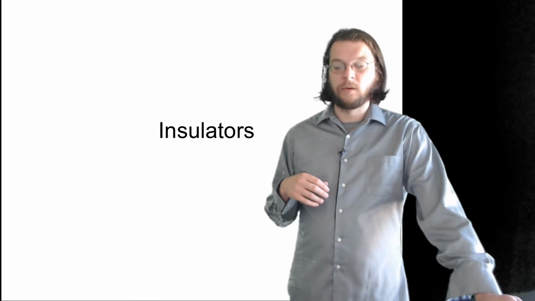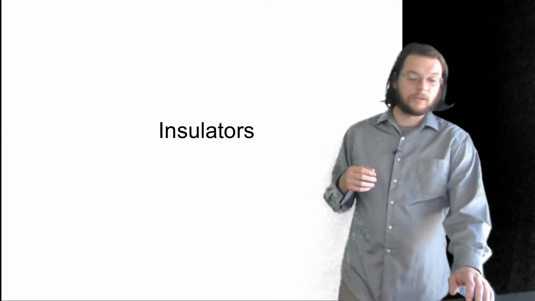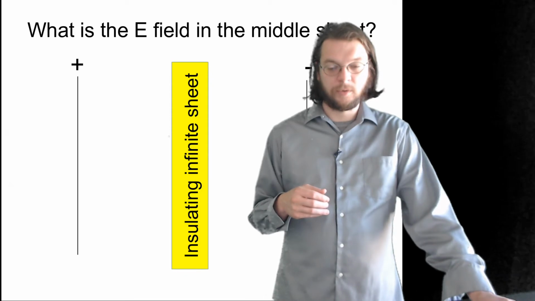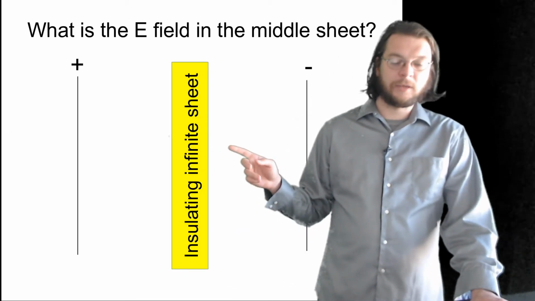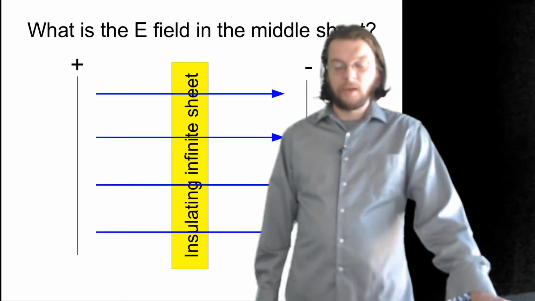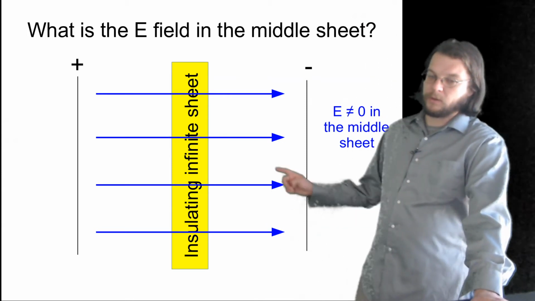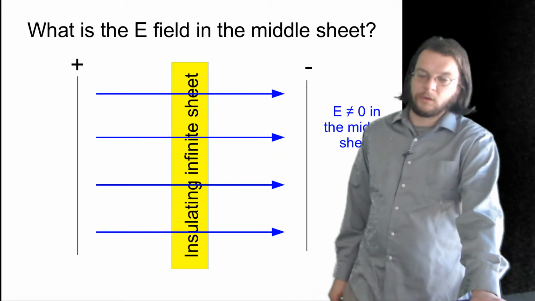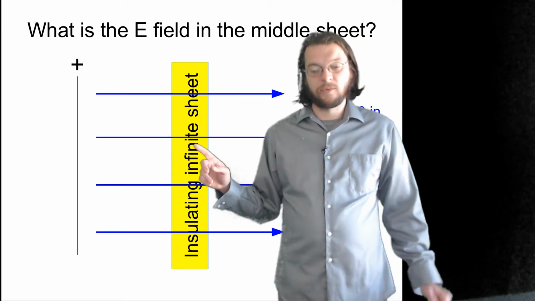Okay. All right. Now, what are insulators? We talked about insulators a couple lectures back. What happens if you put an insulator in here? Well, if there wasn't an insulator here, there'd be something like this. In an insulator, the electrons are not 100% free to move.